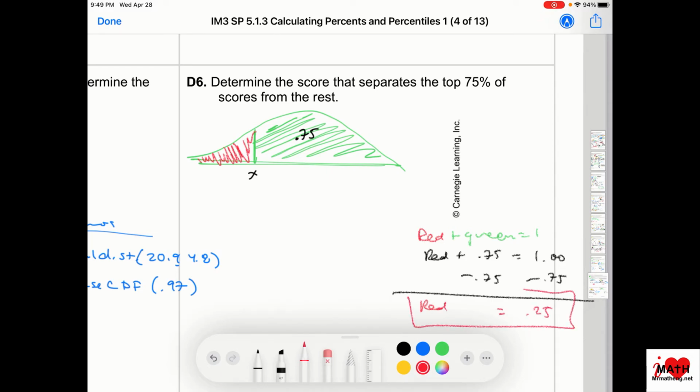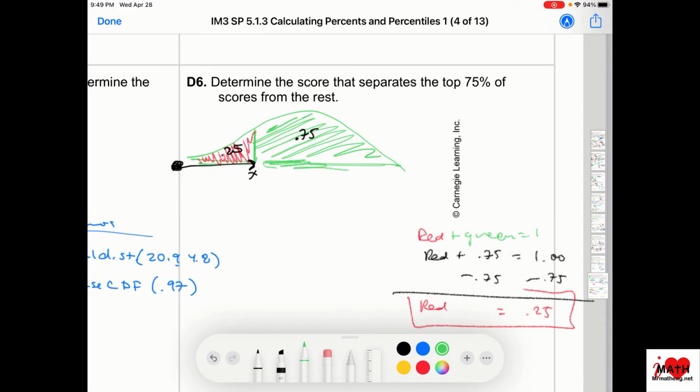0.25. That is important because remember, in calculating these density curves, the calculator always starts from left to right. So in some ways, we need to find 0.25, not 75%.